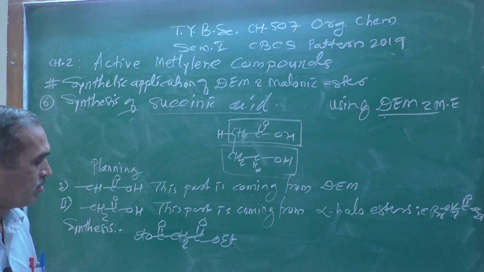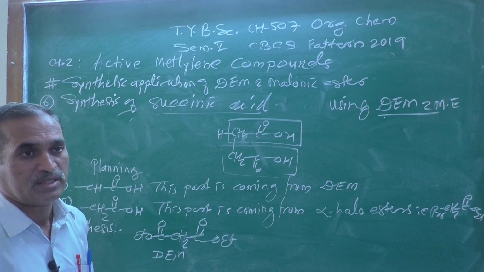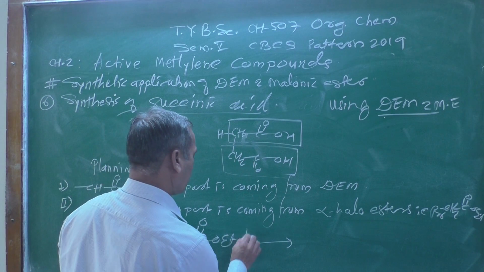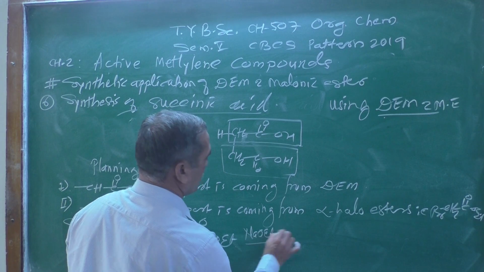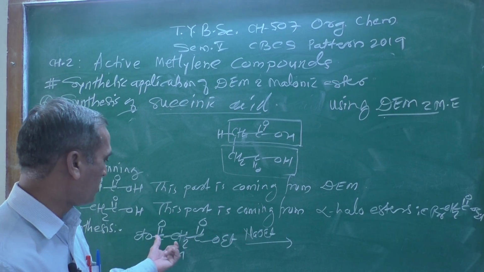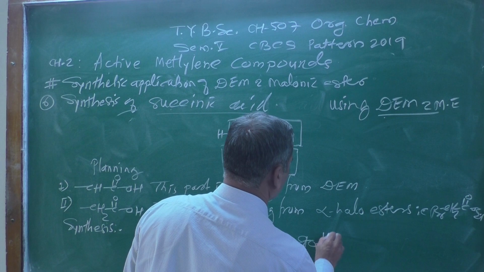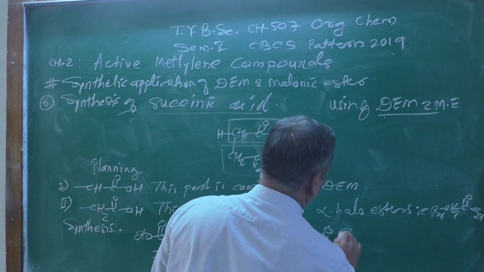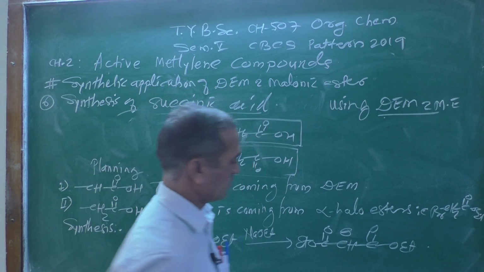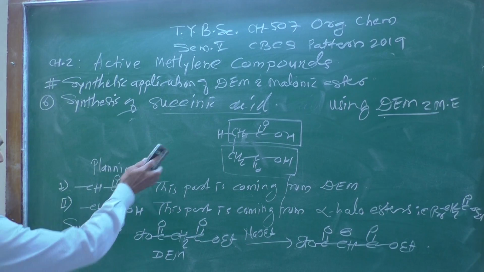This is the structure of DEM, diethyl malonate, and that diethyl malonate will be treated with usually NaOEt, that is sodium ethoxide. Sodium ethoxide as a base will abstract the highly acidic proton, and we will get EtO, C double bond O, CH minus, then C double bond O, OEt. This species is known as a carbanion.